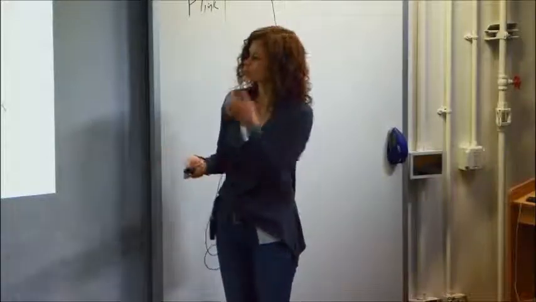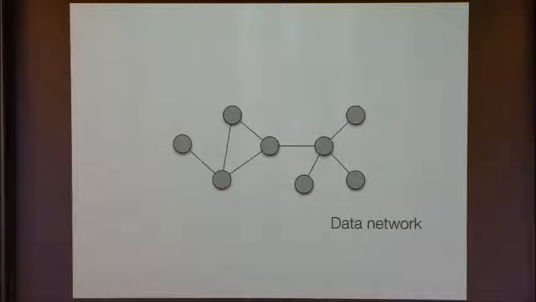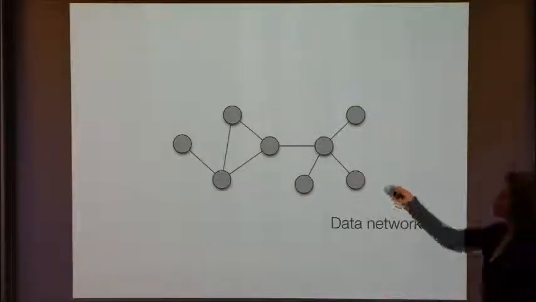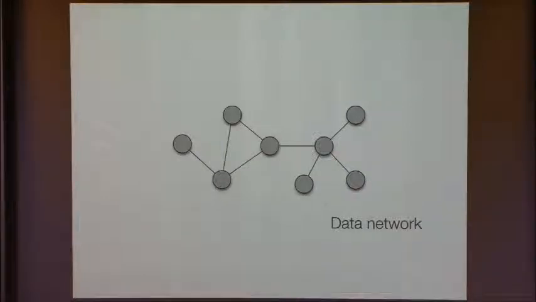And so the way that looks is that we might have a data network right here where these would be people and their friendship relationships in Facebook or something like that. And in contrast to people that are just modeling the graph structure, what we now think about is that we have a number of attributes on each of those nodes.